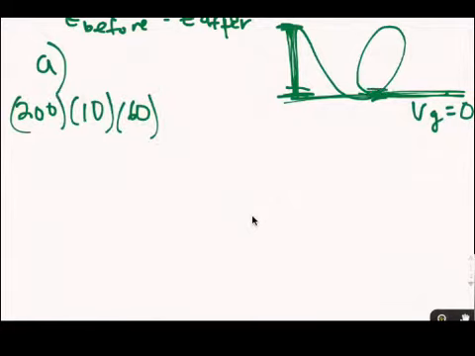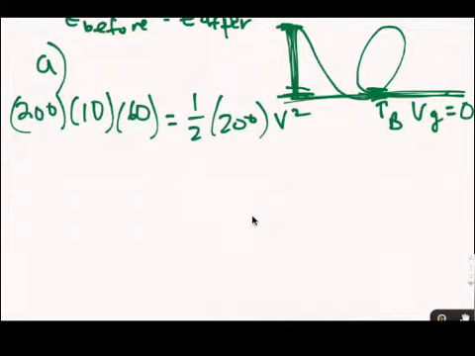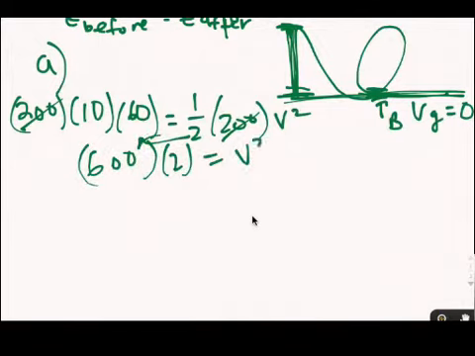And afterwards, at the B position, there's only kinetic, so it's 1/2 m v squared, and we want to know that velocity. The masses cancel, so it's 600 times 2, I just moved that over there, equals v squared. So v is the square root of 1200, which is 34.64 meters per second.